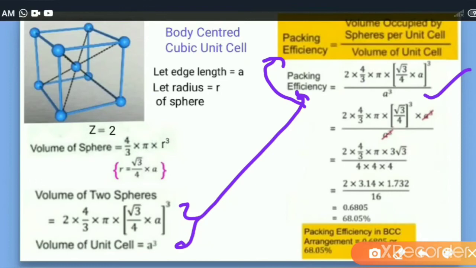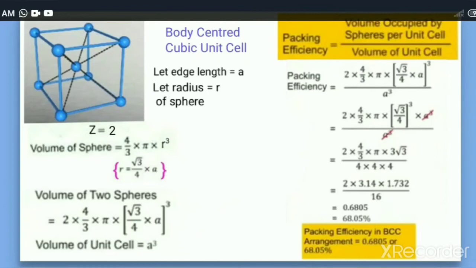When we solve this, after substituting the value of pi, that is 3.14, we'll be getting 0.6805. In terms of percentage, it will be 68.05. So thus the packing efficiency in the body-centered cubic arrangement is 68.05%.